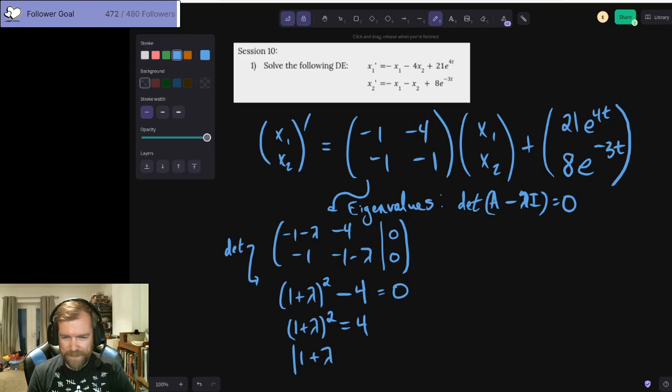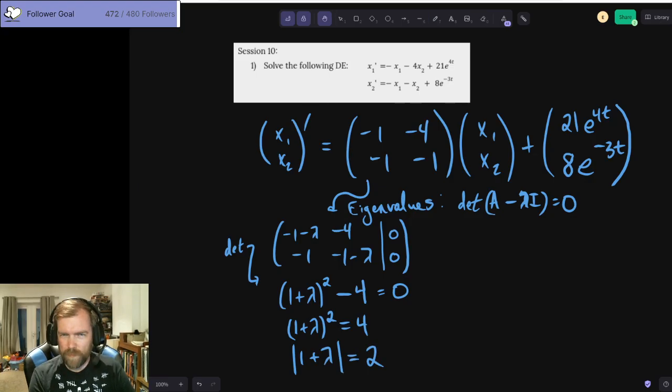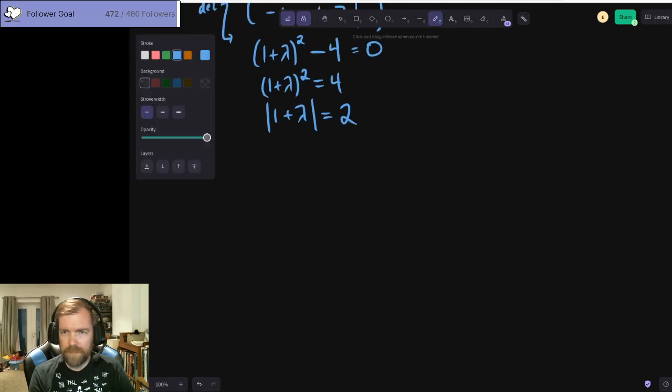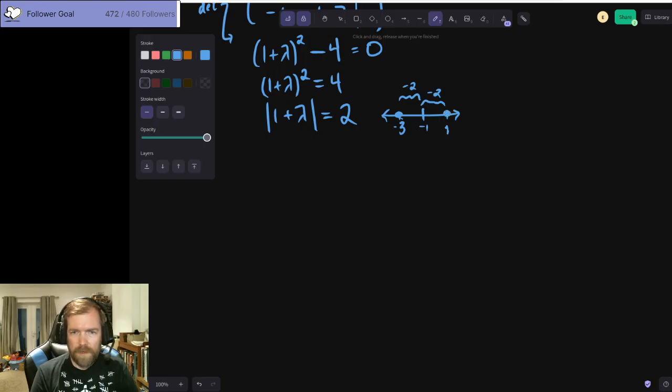Okay. So what'll happen is we're going to get a lambda value of 1 or -3. Or 2 away on either side. Alrighty, sounds good.